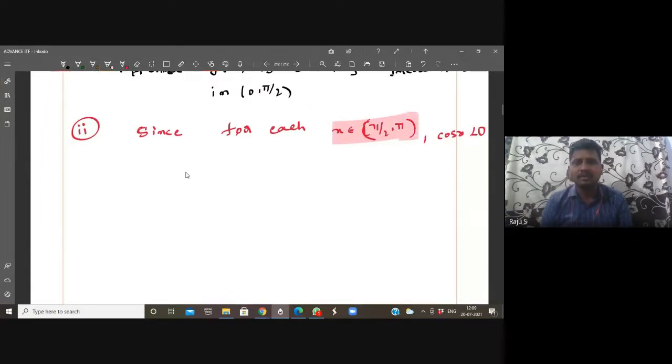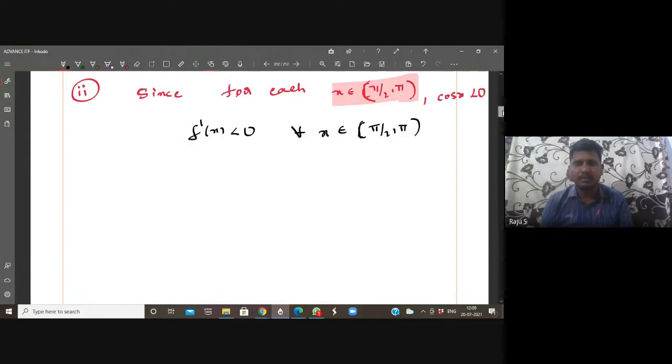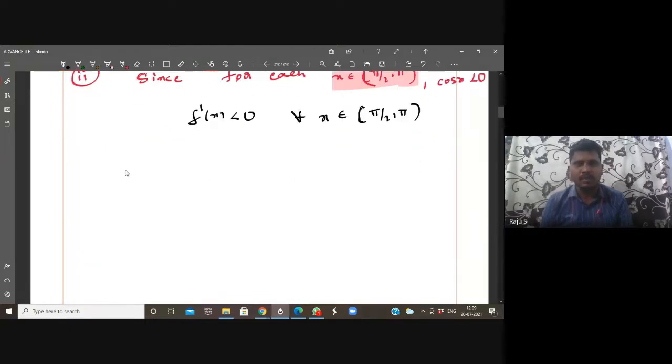So when cos x is negative, then cos x is equal to f dash of x. F dash of x is also lesser than 0 for every x belongs to pi by 2 to pi. Therefore, what shall we write? F is strictly decreasing in pi by 2 to pi.